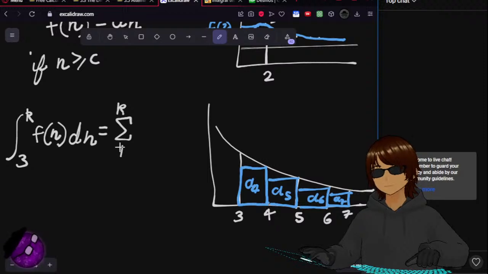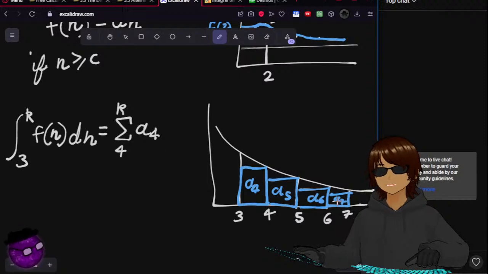Is that correct? Yeah, that makes sense, I guess. So A7 would be the last. Then you're finding the integral from 3 till k, and then AK would be last, and it starts from A4.